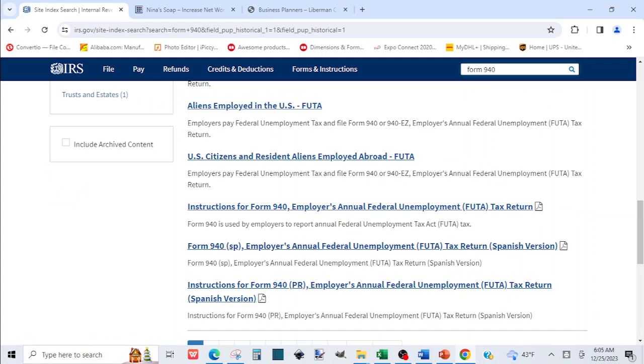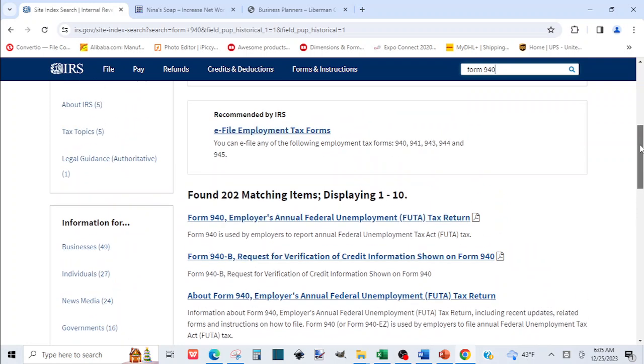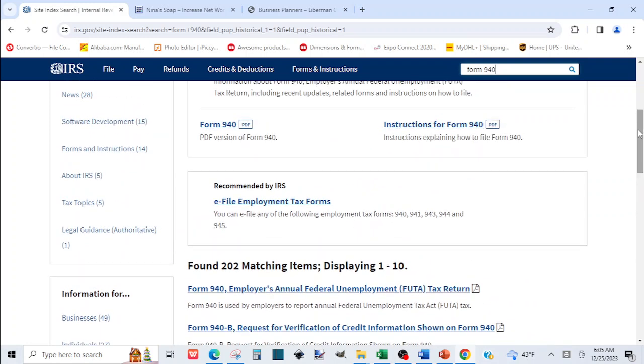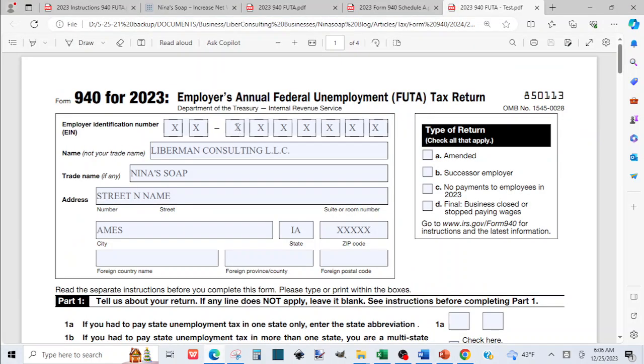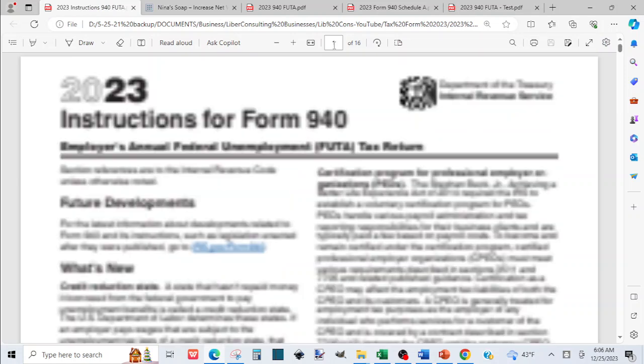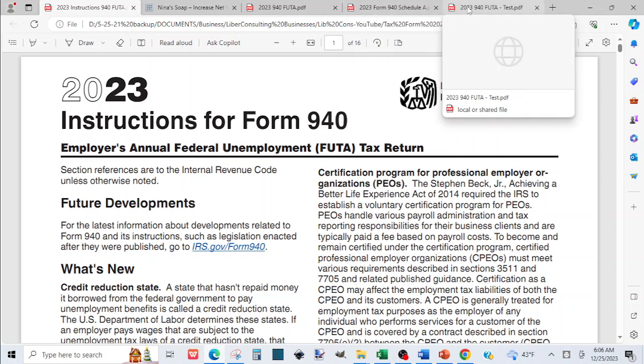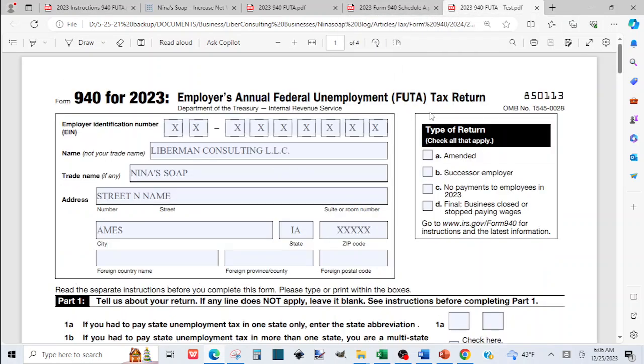So let's start with the Form 940 and the instructions for the Form 940 for 2023. Now that we have the instructions open, make sure it's the latest version. You will refer to the instructions when you are completing a section and you are not sure.